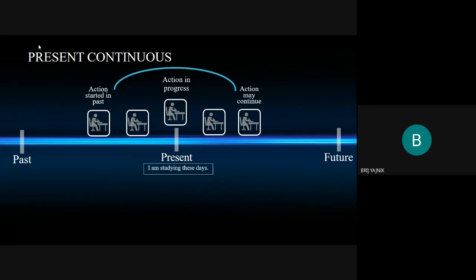So in Gujarati we say it as aajkal shu chali rahyu chhe. So see that aajkal chali rahyu chhe is a very short time. Saying the same thing in English, an action in progress is an action which is going on for a very short time. And so we say ajkal, which in English is nowadays, or maybe these days.